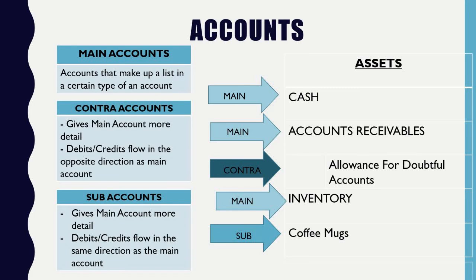So again, I just wanted to show you an example of how we're categorizing our accounts. Now, you can do significant gestures, where I'm going to capitalize all my main accounts and make my sub accounts lowercase. Whatever helps you visualize that this is the main account and this is a sub account, and obviously a contra account will be indented or something like that.